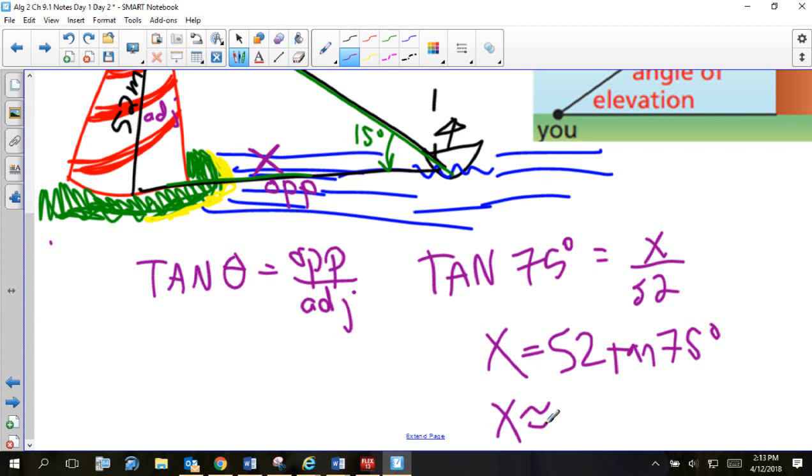Those are called surveyors, and they're using trigonometry to measure things that they can't measure. That's an entire job, and it makes pretty darn good money. Like 80,000 a year. That's pretty good. That's more than a teacher makes.